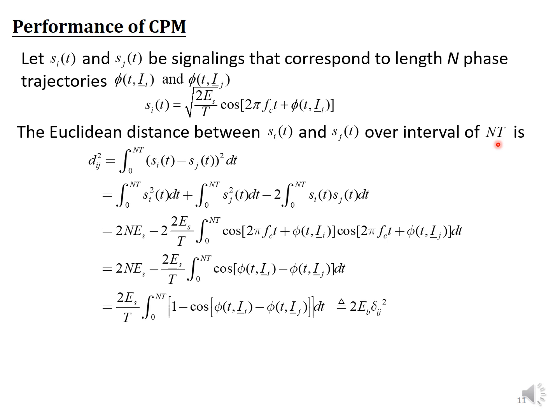Any two trellis paths, and the distance between these two paths is D_ij, the square of the distance.